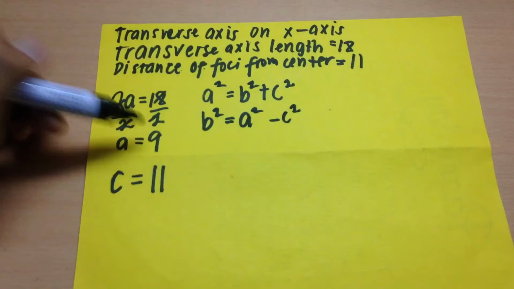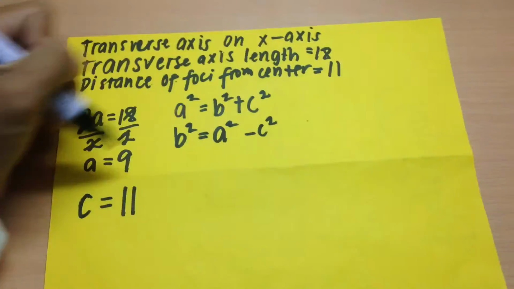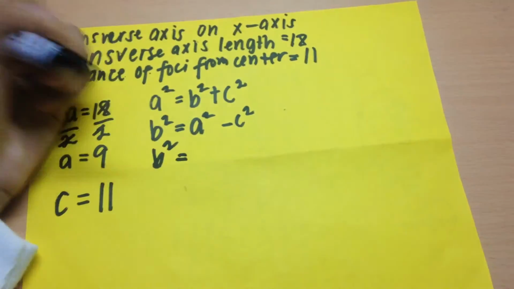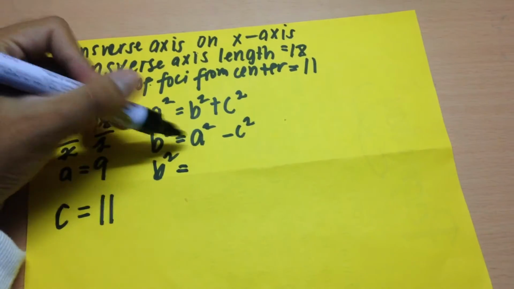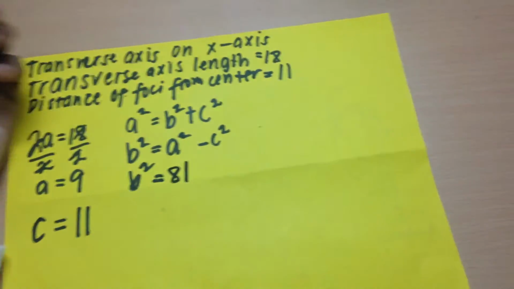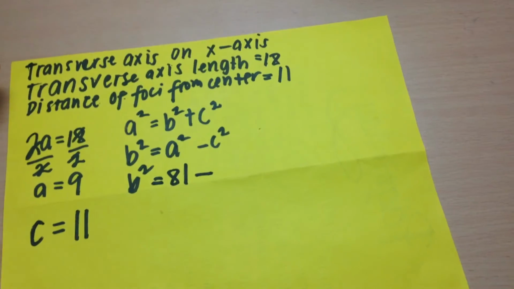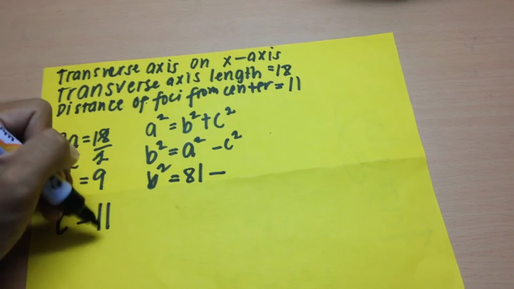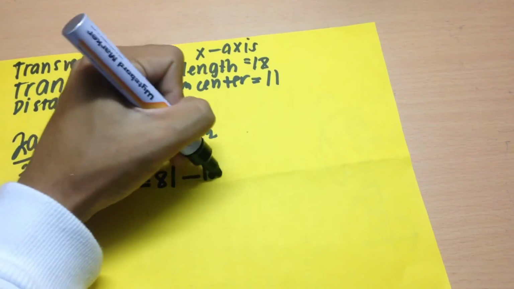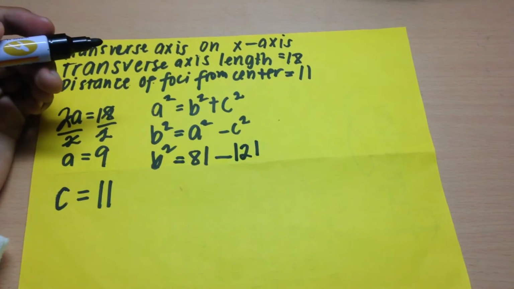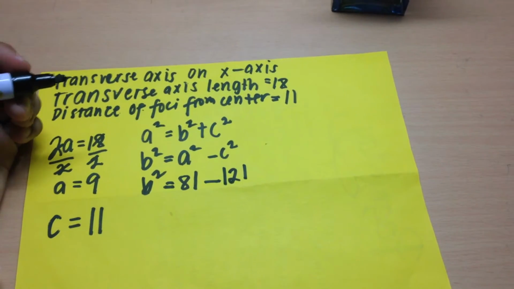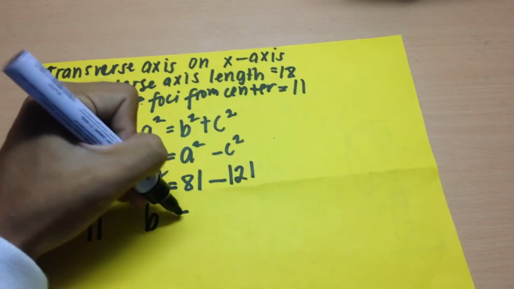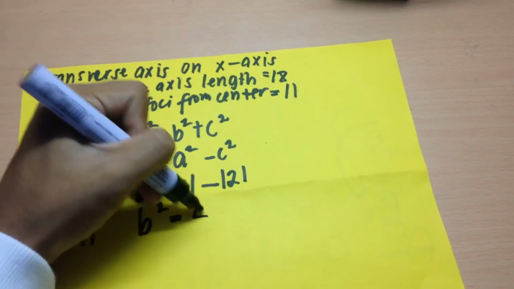And we have the value of a and c, so b squared is equal to a squared, so 9 squared is equal to 81 minus the c squared, so 11 squared is 121. As you can see, the answer is negative, so I think we'll be making the answer an absolute value.